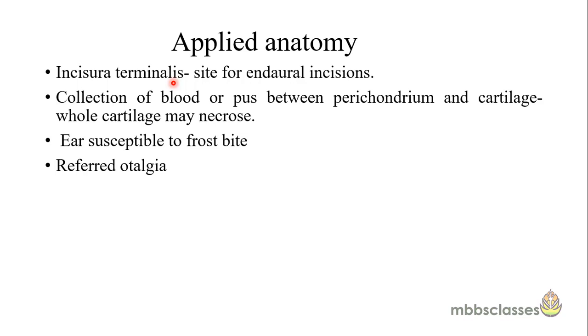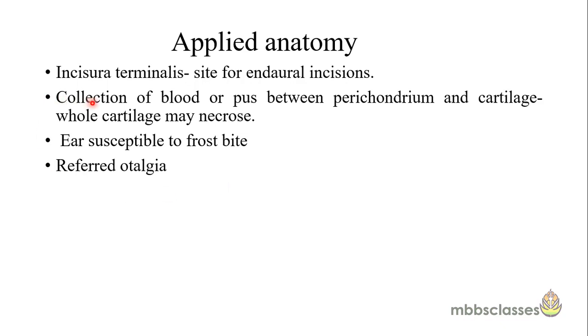It lies between the tragus and the starting point of the helix. Since this area is dehiscent, with no cartilage, it is a site for endaural incisions while doing any mastoid or ear surgeries.